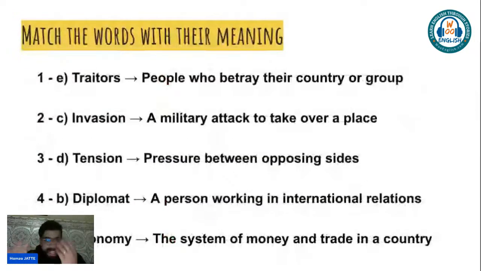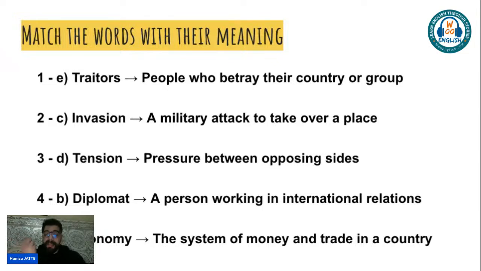So again, let me explain for people who probably did not understand the words. A traitor, imagine you are in a group, you are working with your country, and then you give some secret information about your country to the enemy of your country. This is what we call a traitor.